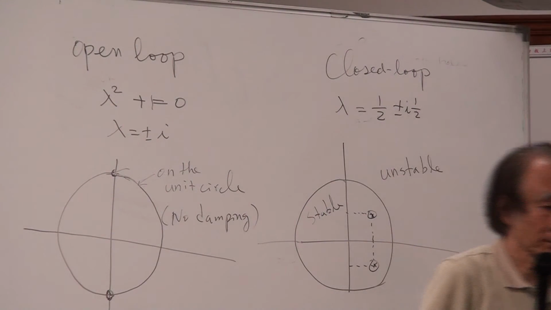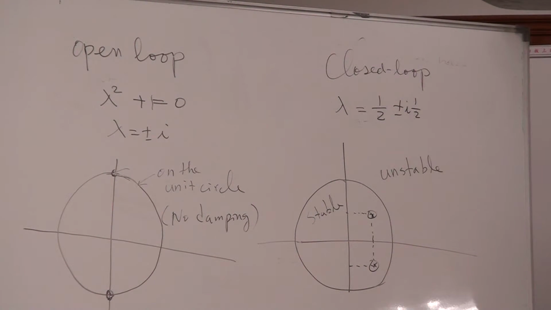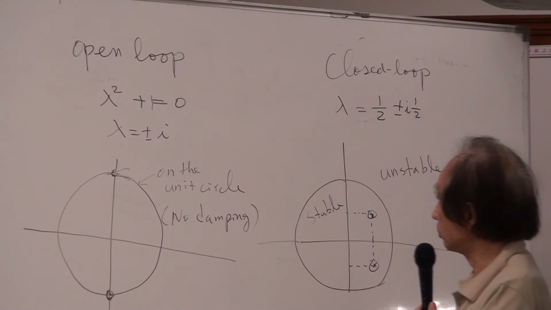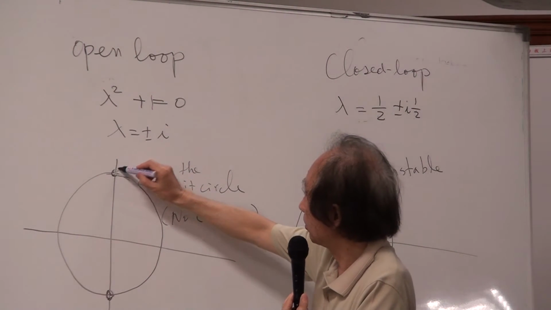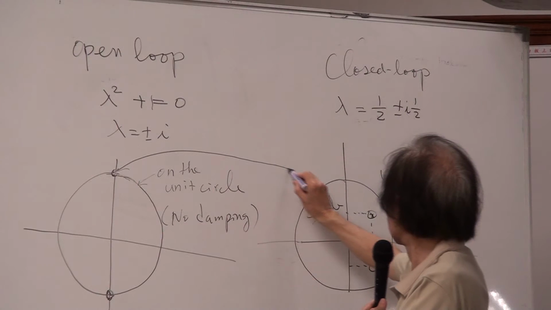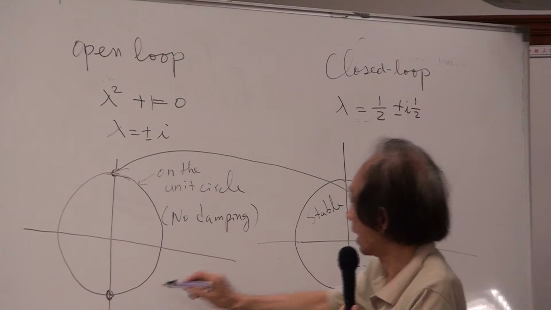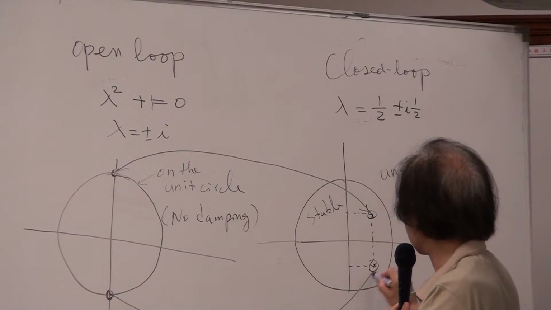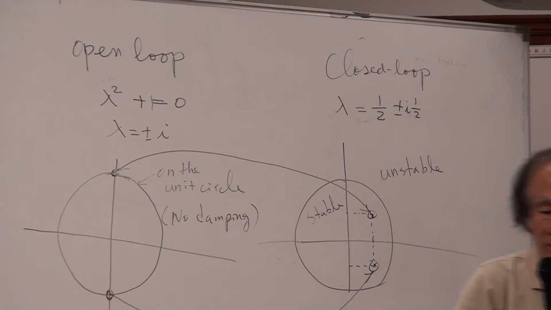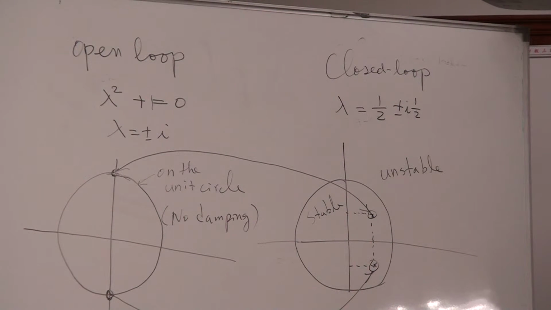So I want to move my open loop poles from here to there, and from here to there. Then what kind of u am I going to get?